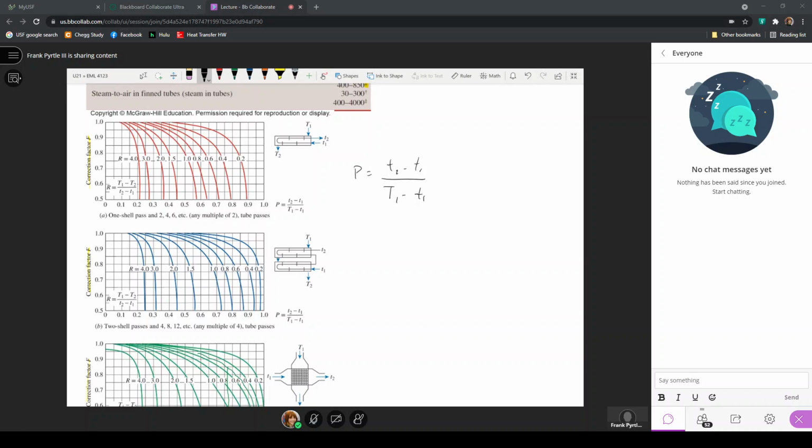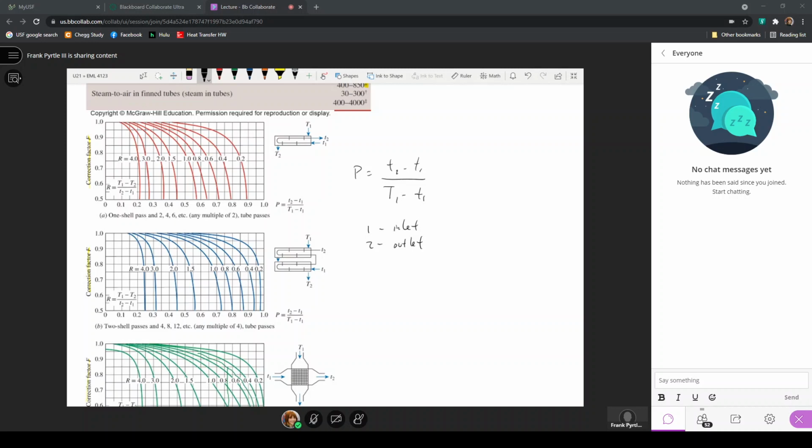But the value that is P is just based on those temperatures. 1 and 2 indicate 1 is an inlet, 2 is an outlet. So here capital T1 is the shell inlet temperature, capital T2 is the shell outlet temperature. Lowercase t1 is the tube inlet temperature, lowercase t2 is the tube outlet temperature.